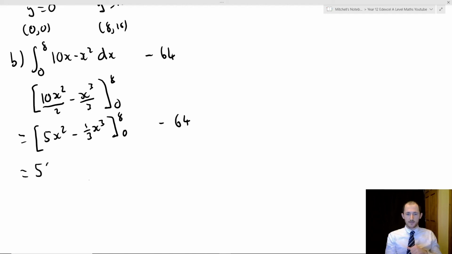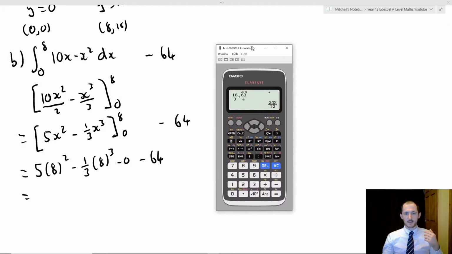So 8 squared minus a third, 8 cubed, and then minus 64. Okay? Because again, if I subbed in 0, I'll just have an extra minus 0 in the middle. Okay? So again, not too bad, but it can catch people off guard. So again, go back to our calculator.